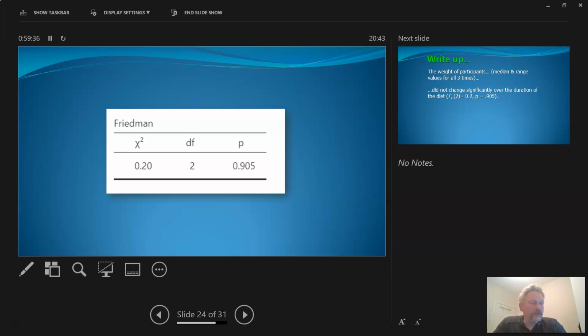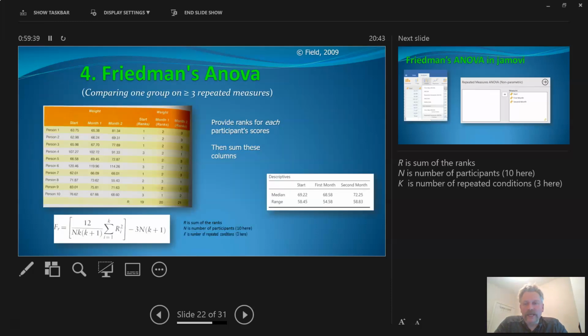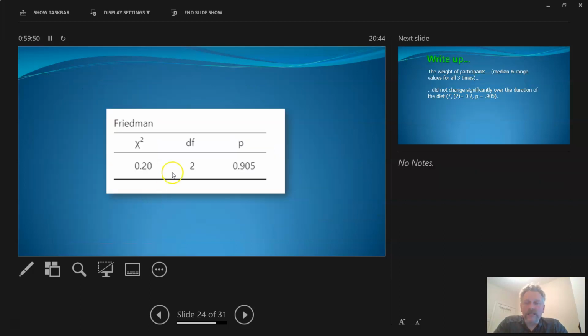But what's important here, perhaps not surprisingly, based on the fact that the rank totals are 19, 20 and 21, all very similar to each other, is that we've got a p-value of 0.905. So if the null hypothesis was true, and there genuinely was no difference in people's weight across the length of the diet, then the odds of this happening by chance are about 905 out of 1,000.